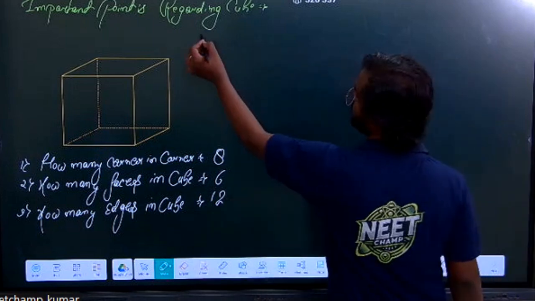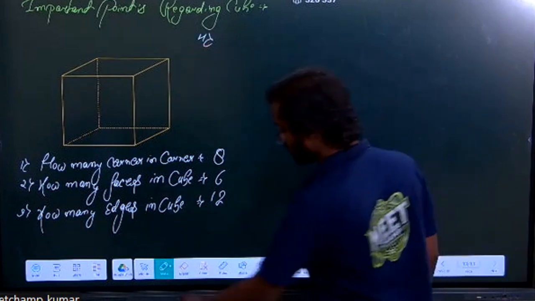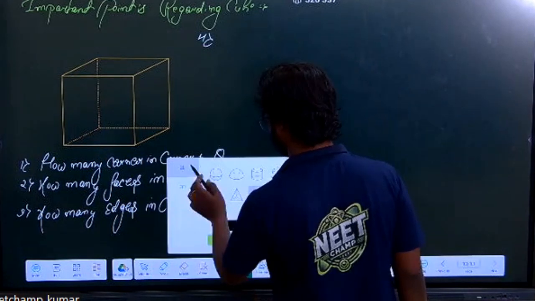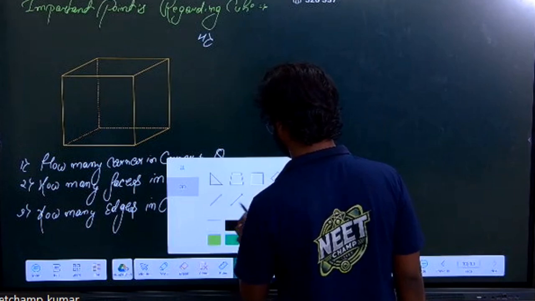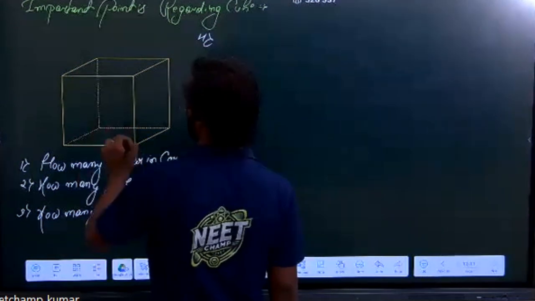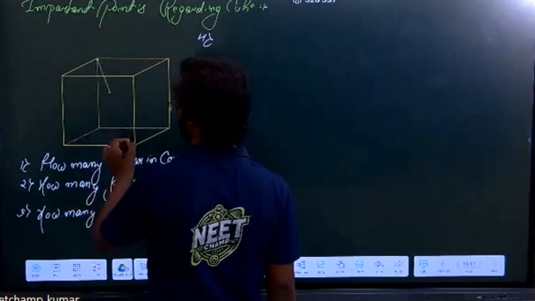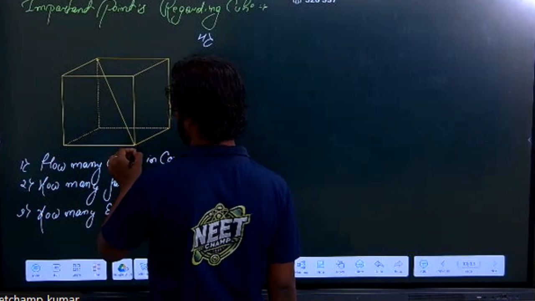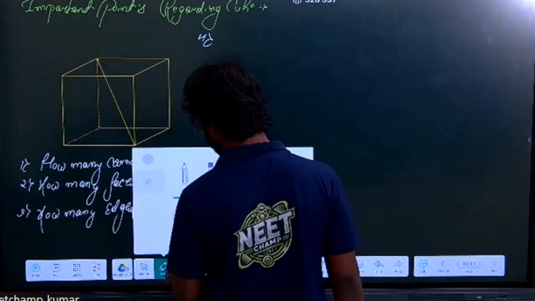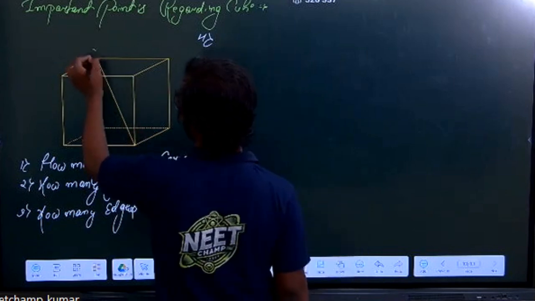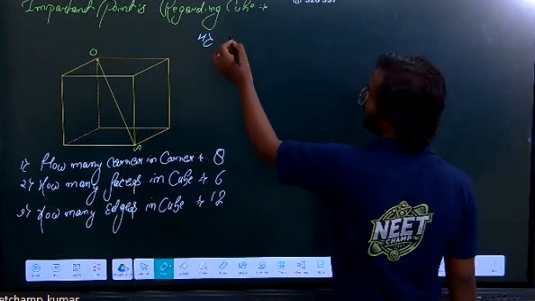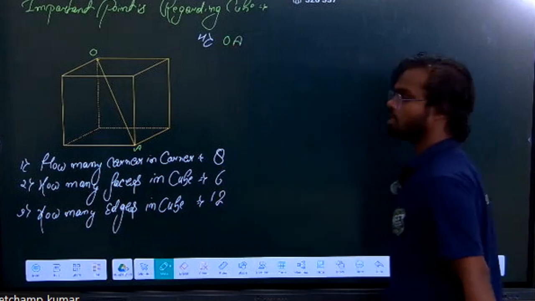Clear? Next. Do you understand what this line is? If I draw one line, what is the meaning of this line? Suppose I take this corner and join this corner. This is O, this is A. What is the meaning of OA?